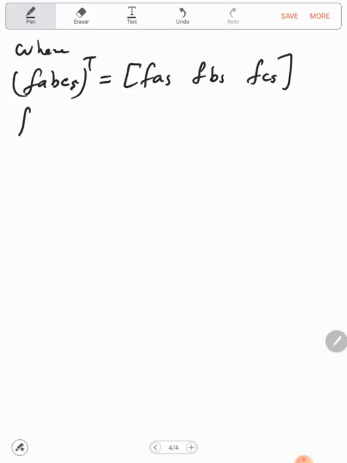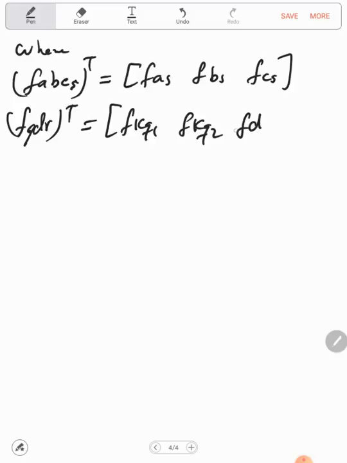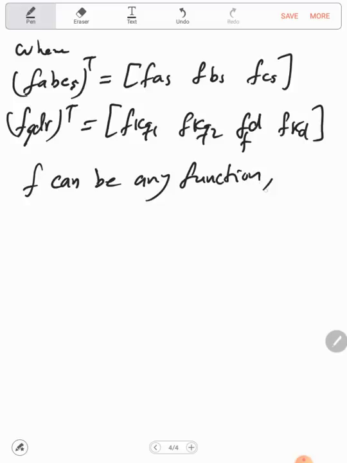Now the same thing here, FQDR transpose will equal to FKQ1, FKQ2, FD, let's say, and FKD, where F here can be any function. So it can be current, voltage, or a flux linkage.